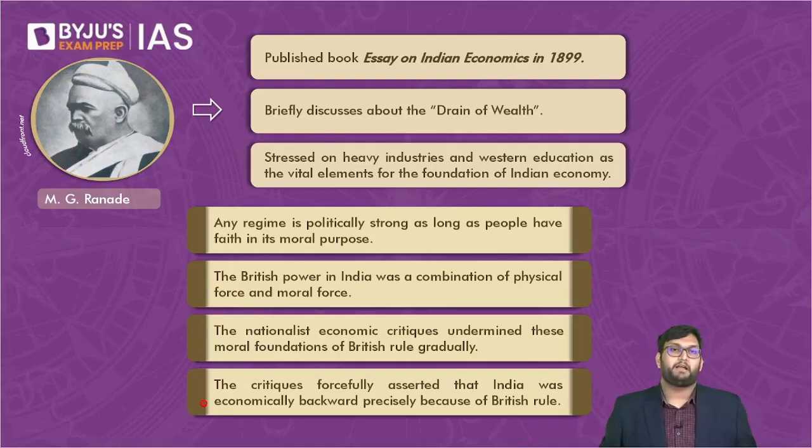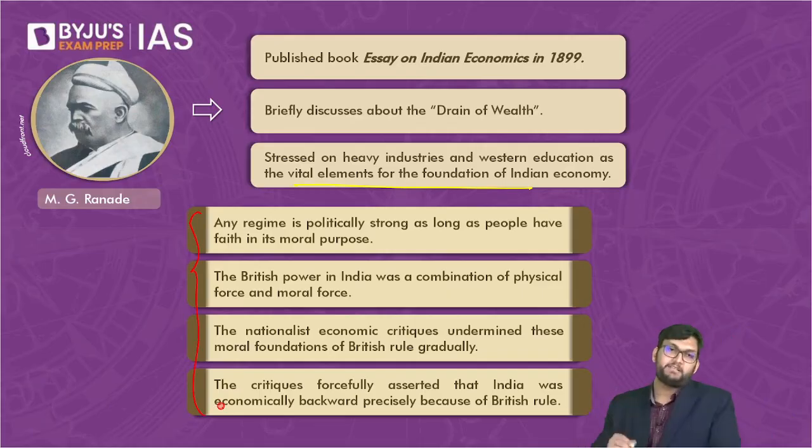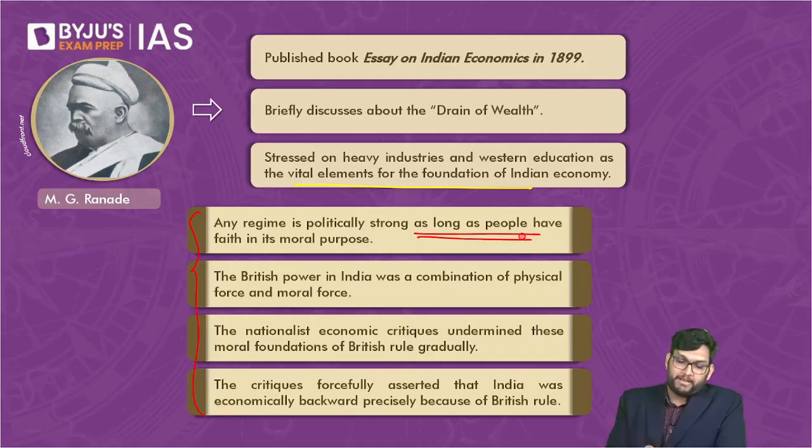Further, M.G. Ranade will write an essay in 1899 called Essay on Indian Economics. He will say that heavy industries and Western education should have been the foundational understanding of our Indian economy, but that did not happen. The simple point of the matter is, why is their contribution so important? Because any regime is politically strong as long as people have faith in its moral purpose.